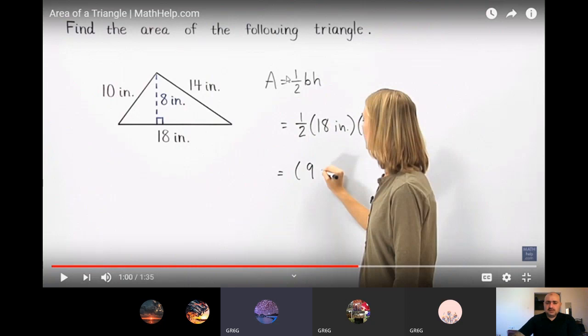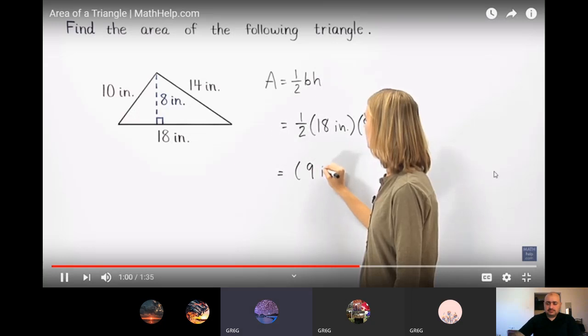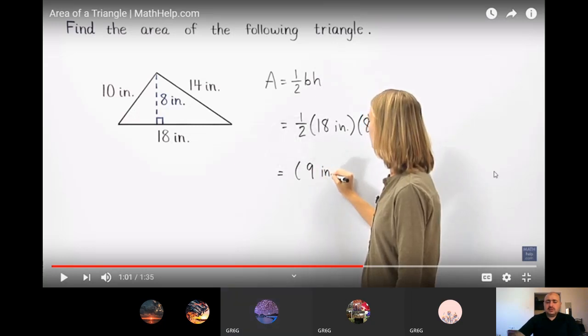Yes, the area for a triangle, this is the formula: equal 1/2 multiplied by the base multiplied by the height. We can't change the formula, but you can change the values of the variables. This is the formula for all triangles.